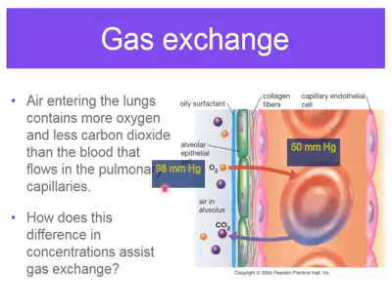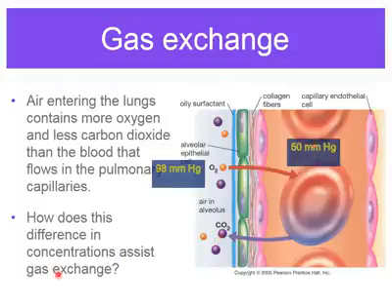So we say here that the pressure of oxygen in the air of the alveolar sac is 98 millimeters of mercury, which is greater than the pressure of oxygen in the blood, 50 millimeters of mercury.